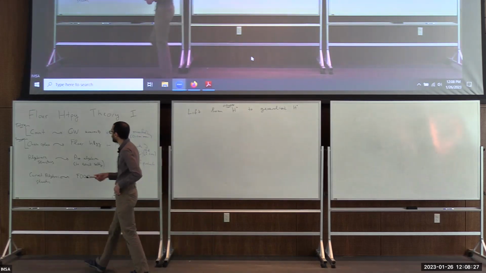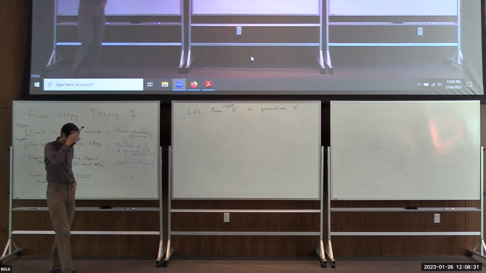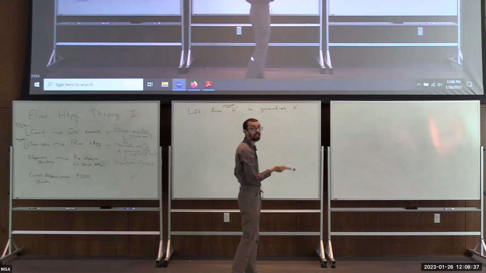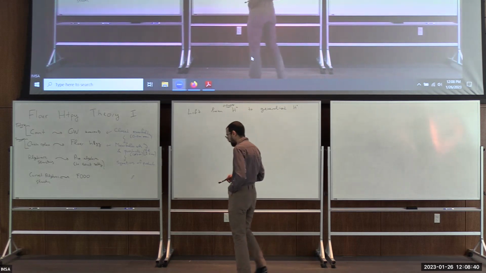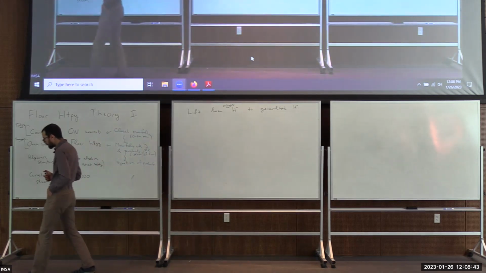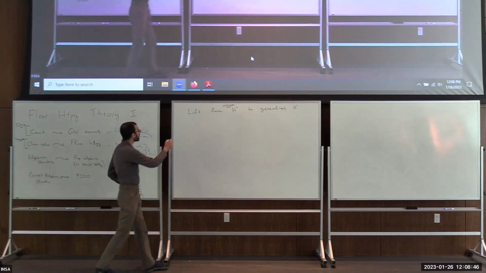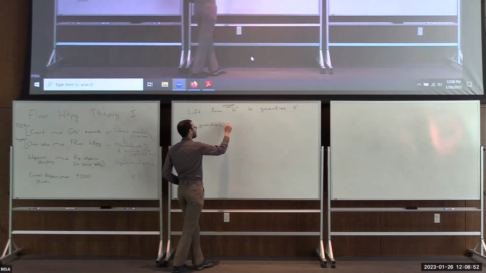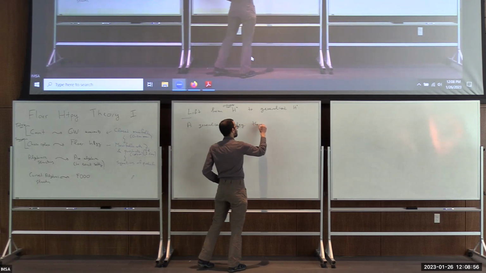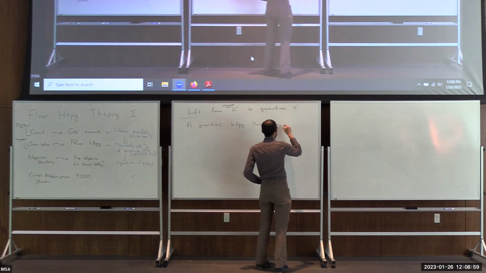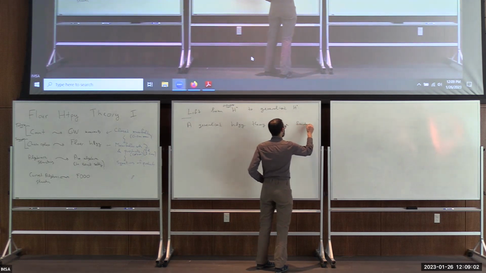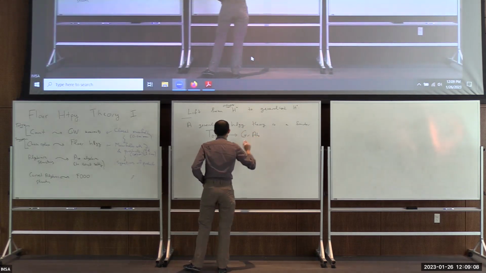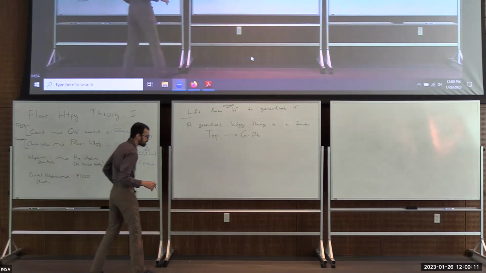So, what does it mean to count? Well, now I have to talk a little bit about what I mean by generalized homology. I assume this is not something that everybody is familiar with. A generalized homology theory is supposed to be a functor from topological spaces to graded abelian groups, satisfying some set of axioms.